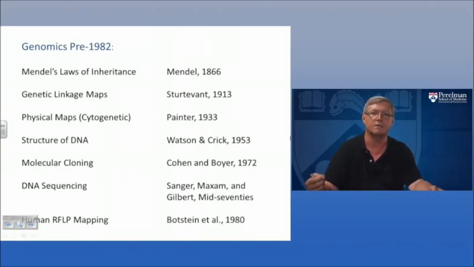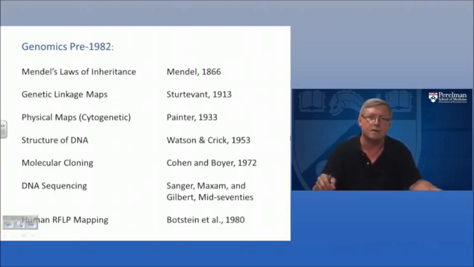Of course, you have the early elucidation of the laws of inheritance by Gregor Mendel, independent assortment, and so forth, and the development of the first genetic linkage maps by Drosophila geneticists in the early 1900s, followed by the physical maps, which were essentially cytogenetic maps of polytene chromosomes, where you could identify physically positions along Drosophila chromosomes through light microscopy.